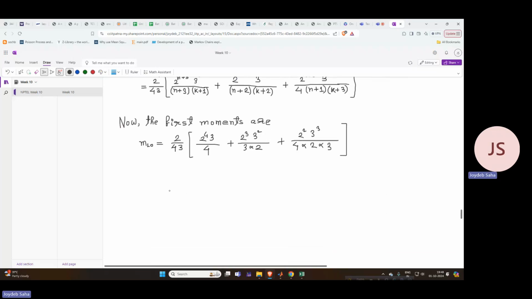Okay, so what we are getting, this is 2 upon 43. So from here we will get 12.